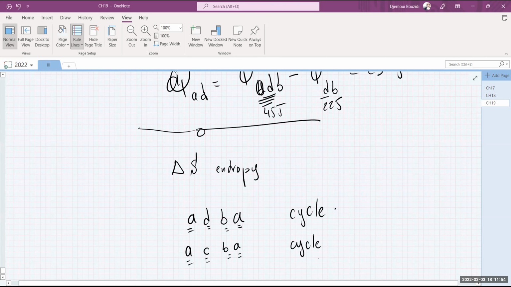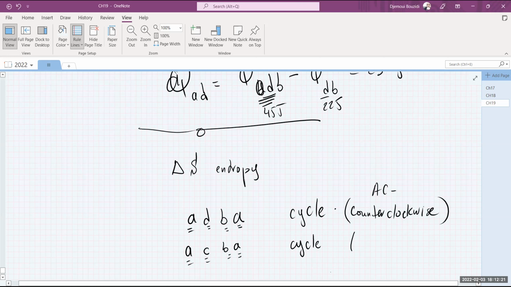If you're careful enough and you look at the paths of these two problems, A, D, B, A is counterclockwise. So this is like an AC unit or refrigerator, okay?